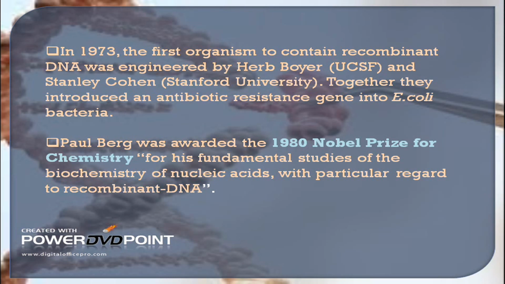We will see later what this antibiotic resistance gene does and why it is important in rDT. Now, Paul Berg was awarded the 1980 Nobel Prize for Chemistry for his fundamental studies of the biochemistry of nucleic acids, with particular regard to recombinant DNA. So these are some of the facts and figures which you should remember for further use.